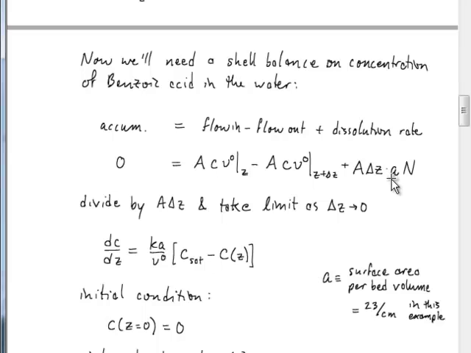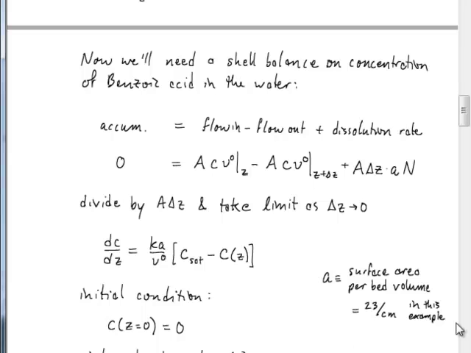So that multiplies by the volume of the bed and gives you moles per second entering my region, moles per second of benzoic acid flowing into the liquid between z and z plus delta z. Okay, now all the usual stuff follows. We're going to divide by delta z, take the limit as delta z goes to 0, and that gives me this equation. This equation is a rather simple exponential with an initial condition that says the concentration at the beginning of the bed is 0.